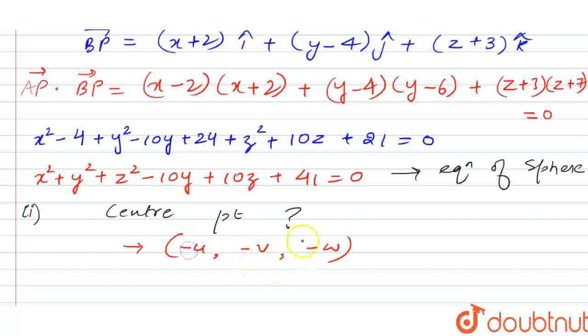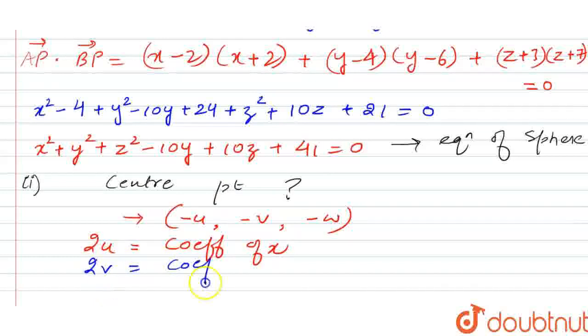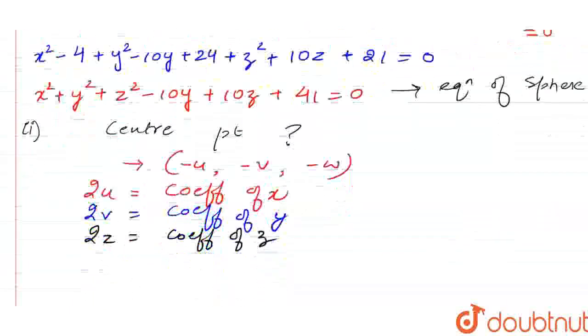These are the coordinates of the center point, and we know that 2u is equal to the coefficient of x, 2v is equal to the coefficient of y, and 2w is equal to the coefficient of z.